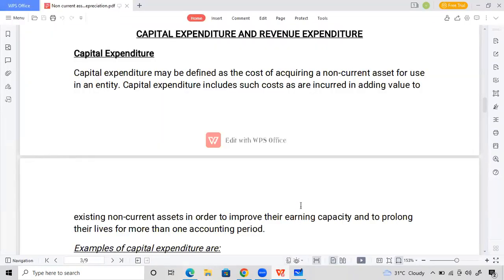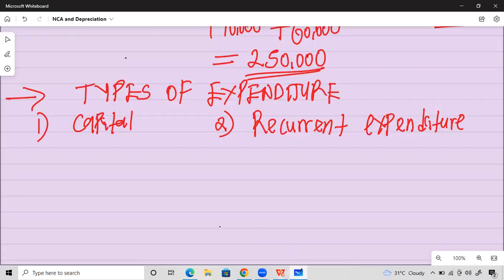Capital expenditure may be defined as the cost of acquiring a non-current asset for use in an entity. Capital expenditure includes the cost incurred in adding value to the existing non-current assets in order to improve their capacity.